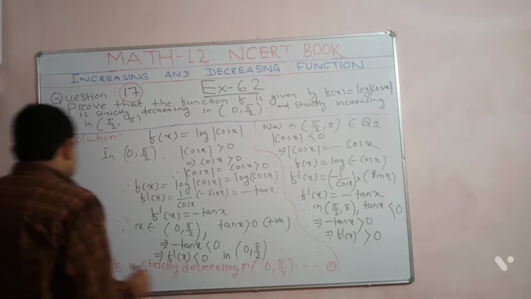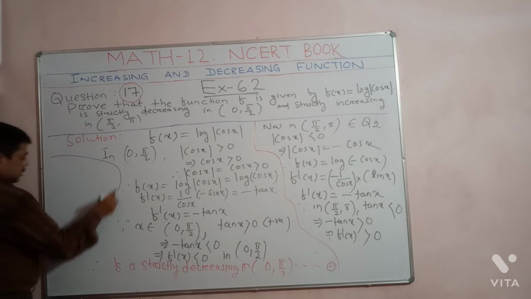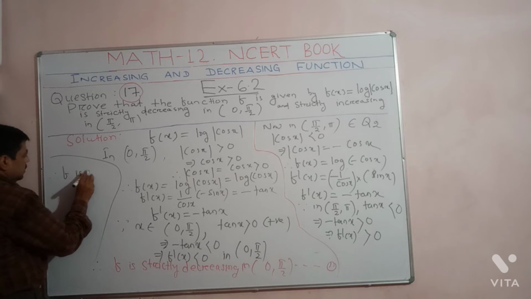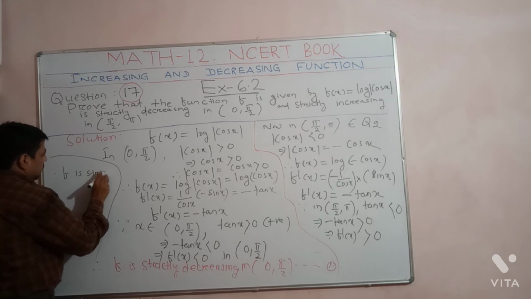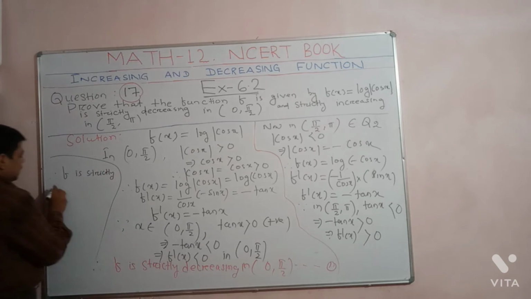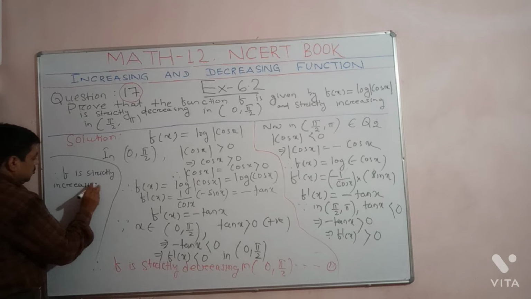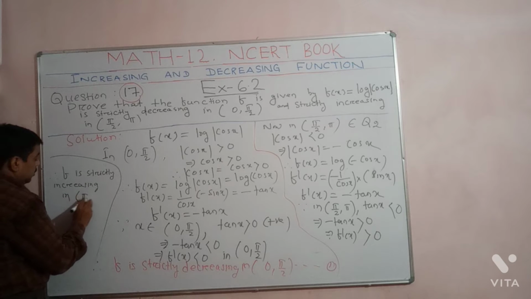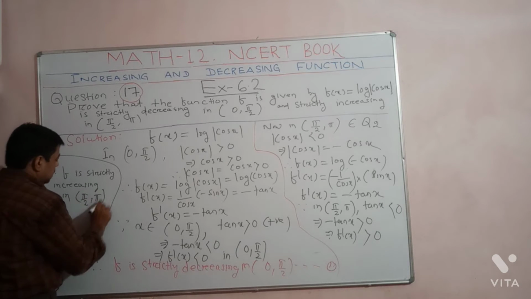Thus, what we got here? Hence, the f is strictly what? Increasing in the interval pi by 2 to pi in the second quadrant.